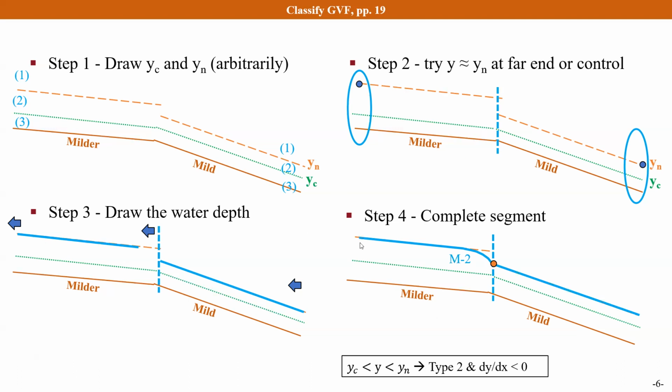This means that from this point, the water depth should decrease along the channel until it approaches the transition point. In other words, dy/dx should be smaller than 0.